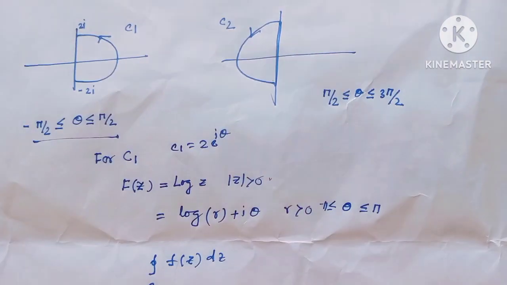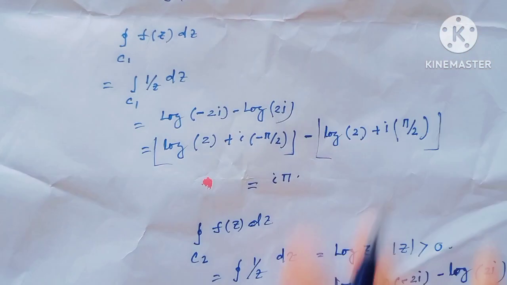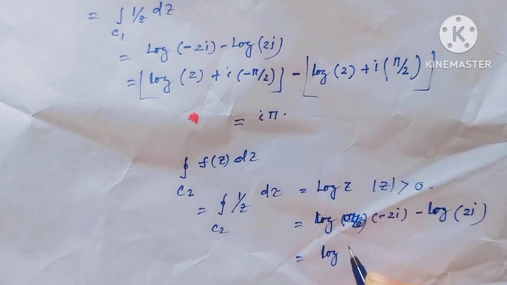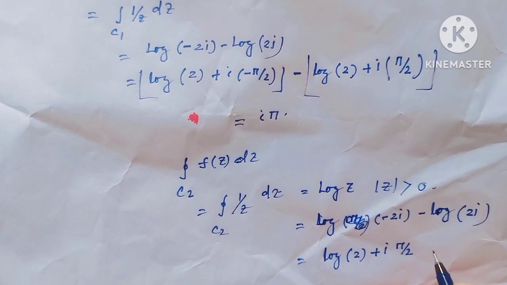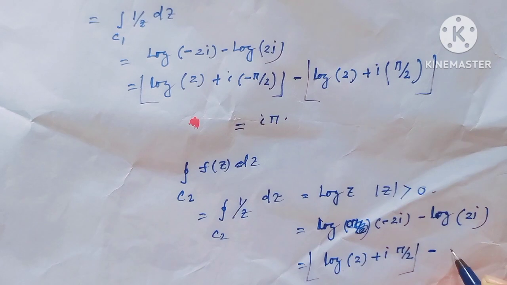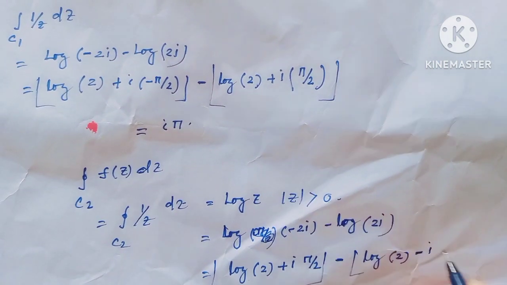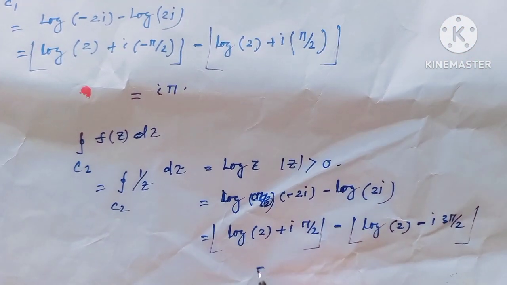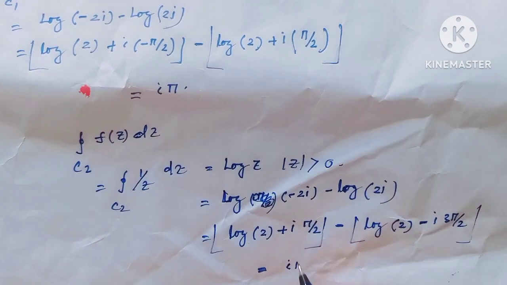And here theta lies between pi over 2 and 3 pi over 2. So this value would be small log 2 plus i 3 pi over 2, minus small log 2 minus i pi over 2. Okay, and this value would be similar to before: this value would be i pi.